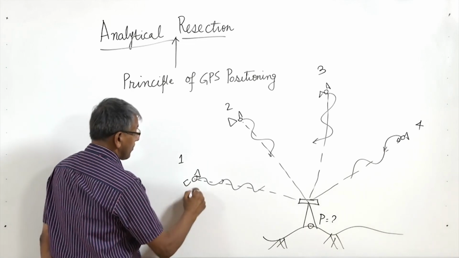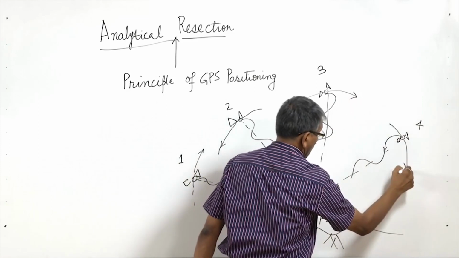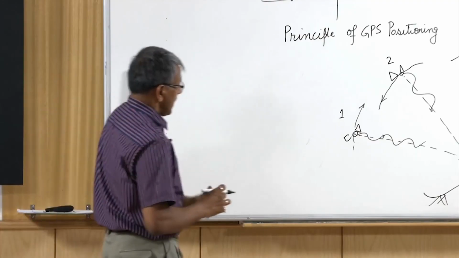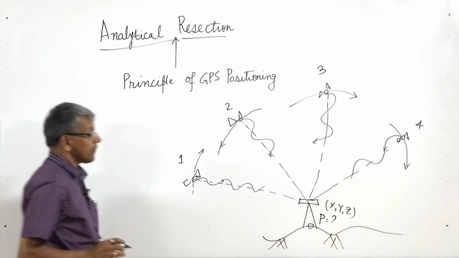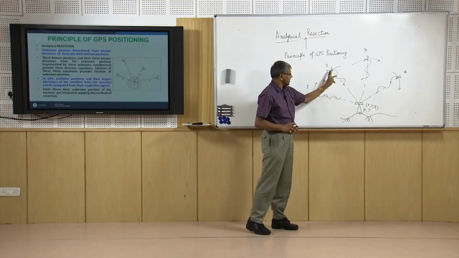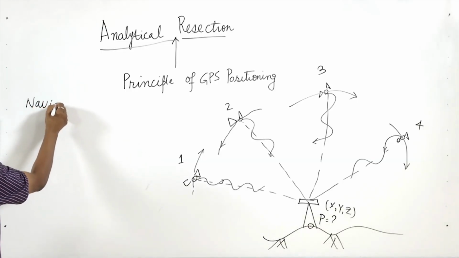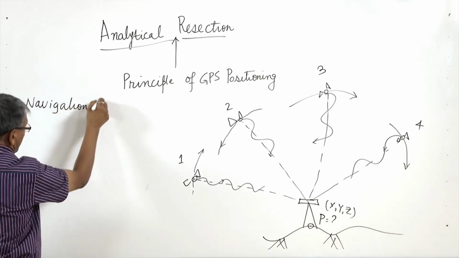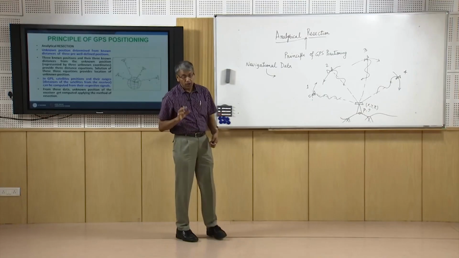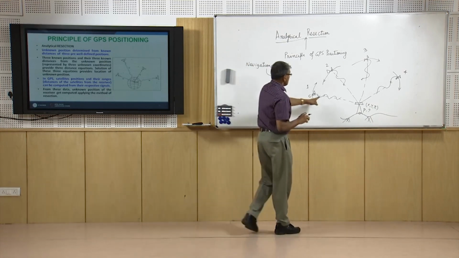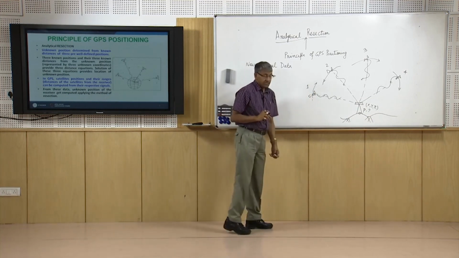Now, as the GPS signal reaches the receiver from the satellites, these signals contain navigational data and this data we may use to find out the location of the satellites.